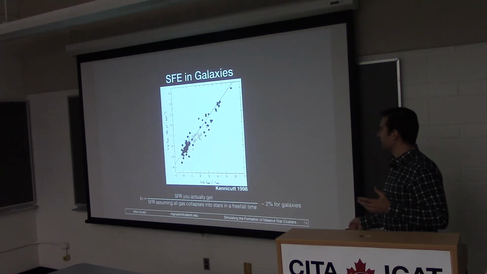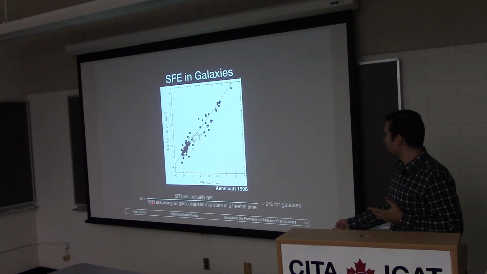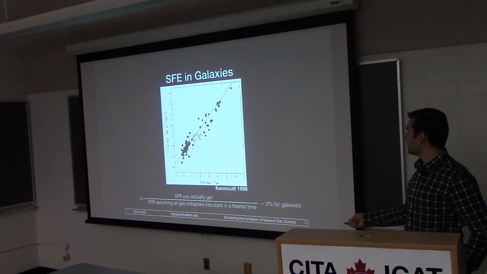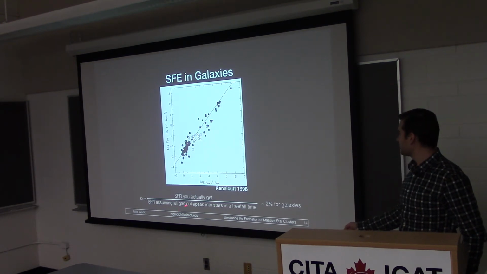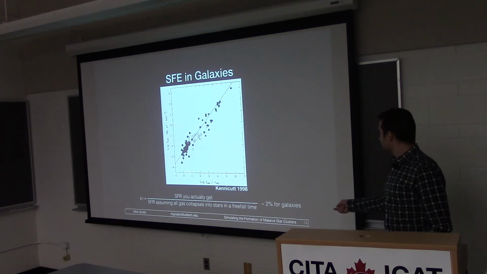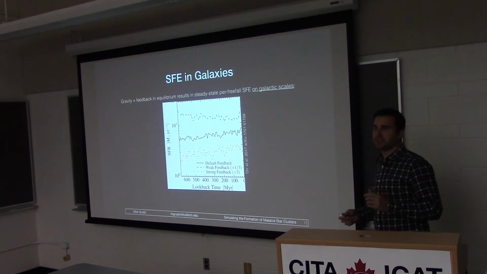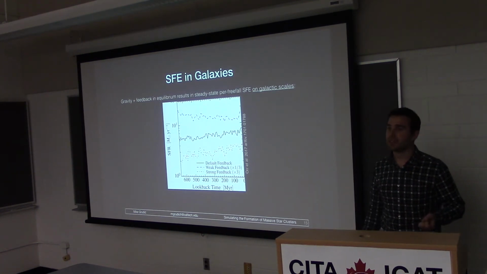We can quantify that with this quantity epsilon FF, the per freefall star formation efficiency, which is the ratio between the star formation rate you actually get and the star formation rate assuming all of the available gas collapses. So we get this same sort of figure for galaxies, but on the other hand, the nature of feedback-moderated star formation in galaxies is somewhat different.